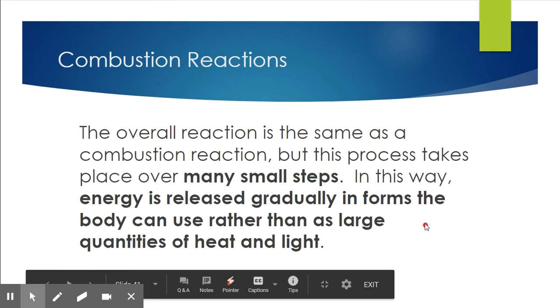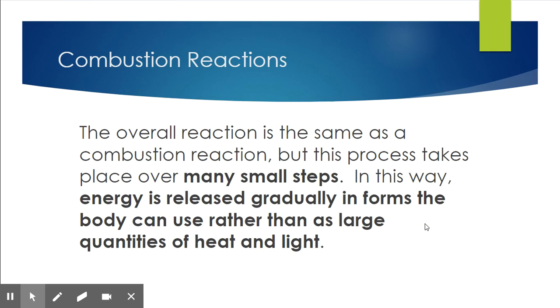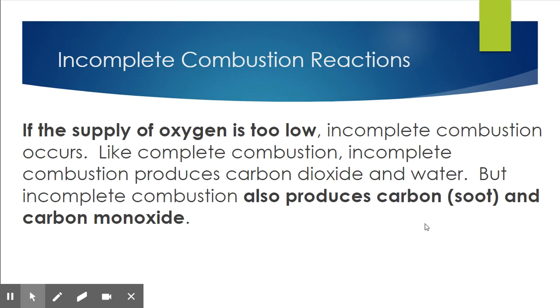Okay. The overall reaction is the same as the combustion reaction, but the process takes place over many small steps. In this way, energy is released gradually in the form the body can use rather than a large quantity of heat and light.